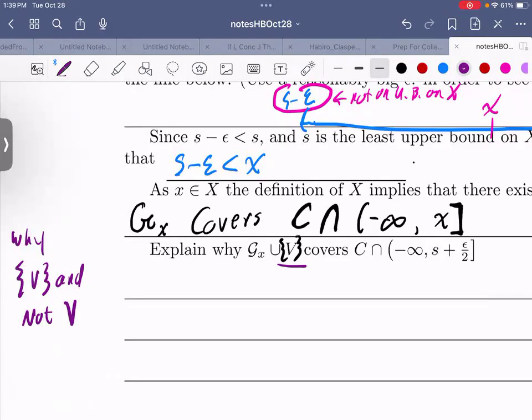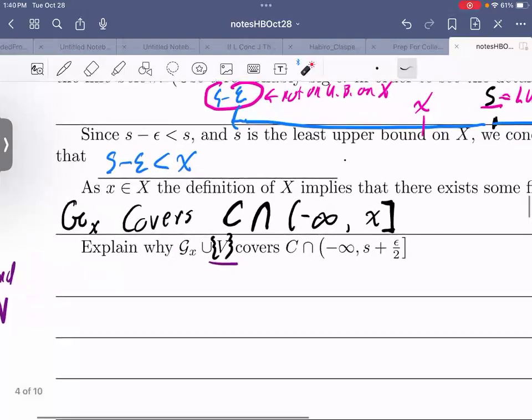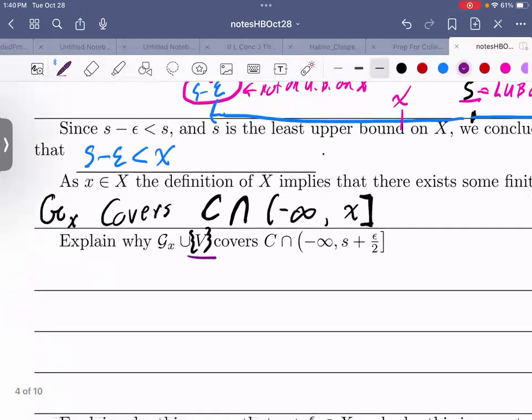So an element of an open cover should be an open set. If I take G sub X union V, well, an element of V is not an open set, so I need set braces around that V to indicate that I'm just adding a single element to G sub X. That single element is V. That covers. All right.